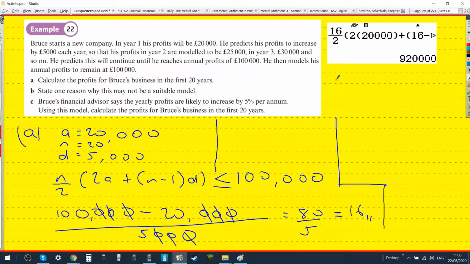No. So the other way it was like 20, 25, 30, 35, and we're adding those up. Eventually it reaches 100,000 and just stops there. So it took 16 years to reach 100,000, and years 17, 18, 19, 20, it's 100,000 every year after that. And so you would add those on.